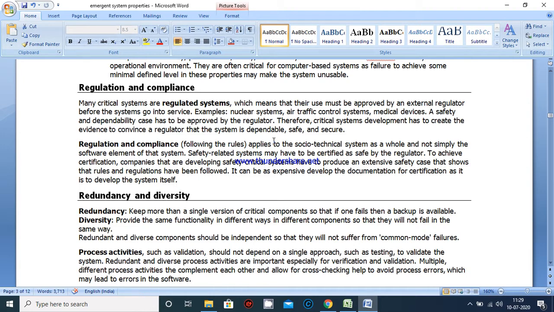It means, in simple language, regulation and compliances say that before launching the software, or before actual deployment of software at the end of the customer, everyone should confirm the safety measures and security features, so that there should not be any type of problem at the end of the customer.